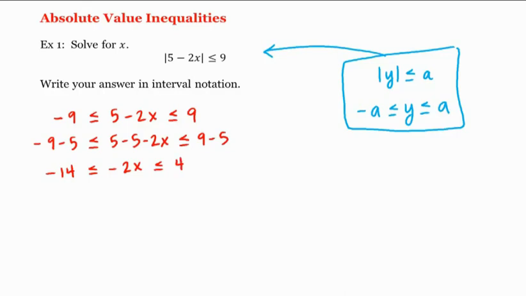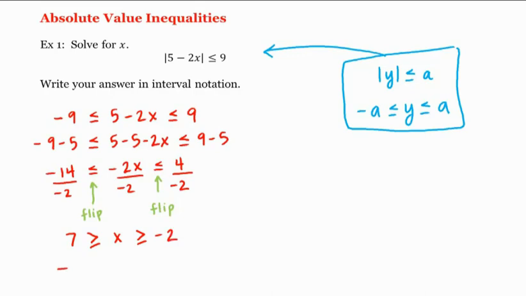And now let's divide everything by -2. However, remember, when we divide by a negative, we better flip or reverse the direction of both of these inequalities. Which gives us 7 is greater than or equal to x is greater than or equal to -2.